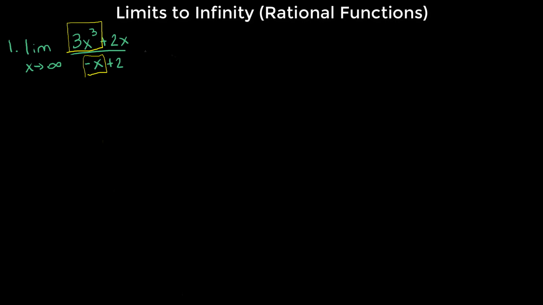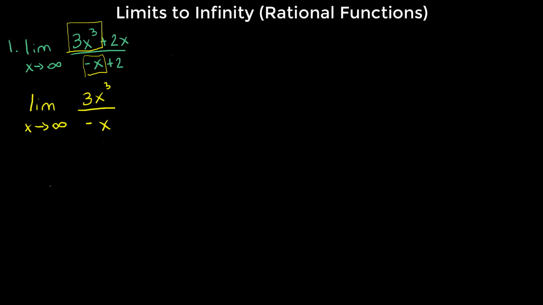Here's what we do next. Step 3, I'm going to rewrite this limit. This limit is equivalent to the limit as x approaches infinity of 3x cubed over negative x. And trust me, this is completely fine. It is equivalent to; I did not say that these are equal, because these functions are not equal.